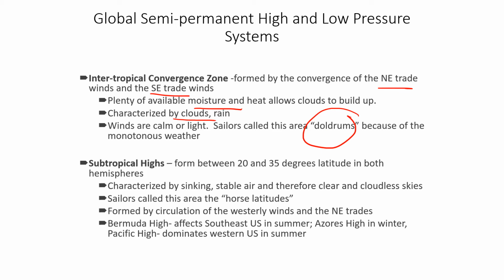Subtropical highs form between 20 and 35 degrees latitude, north and south, characterized by sinking, stable air, cloudless skies. Sailors called this area the horse latitudes because that sinking air sometimes meant that the ship couldn't move and they might be stuck in these areas for a time.